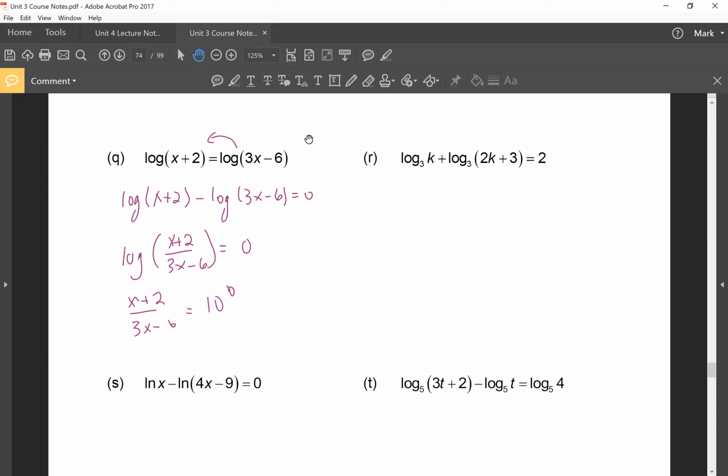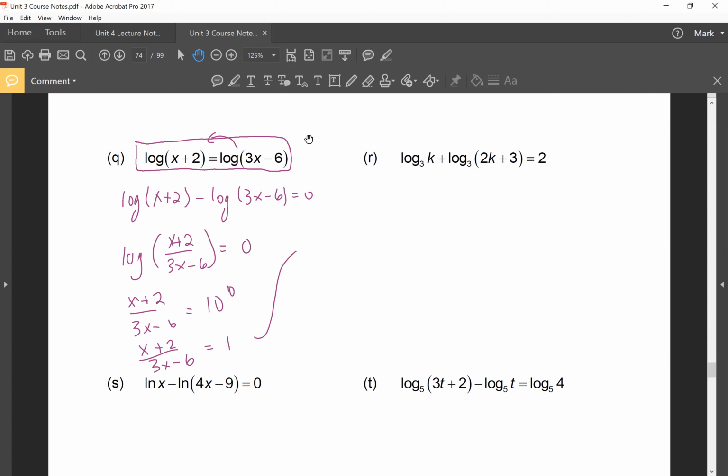If you don't believe me on that, you can try it on your calculator. 10 to the power of 0 equals 1. The interesting part about this equation is what we end up getting is (x + 2) over (3x - 6) equals 1. Now I'm just going to solve this. Guys, I'm going to have to write all over this screen just to fit it in. This shows us there's an easy way to solve Q.